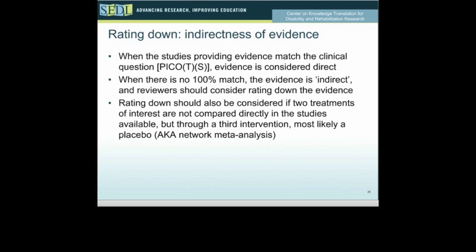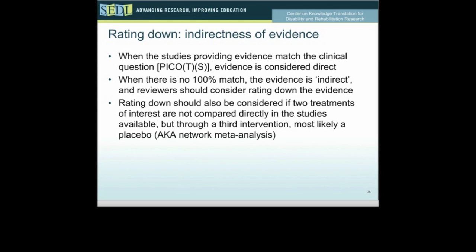When the studies that provide evidence fail to match the clinical question exactly in terms of P or I or C or O, or even T and S, the evidence is not considered direct. And when there is not a 100% match, the evidence is indirect, and the reviewer should consider rating down the evidence.